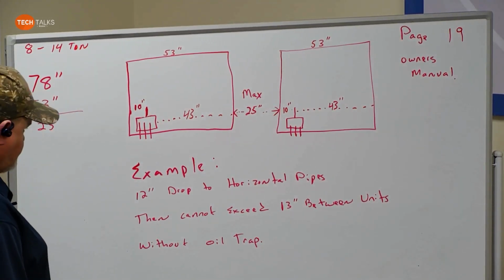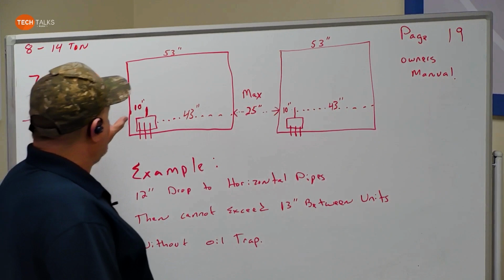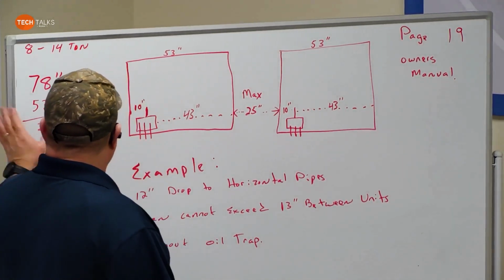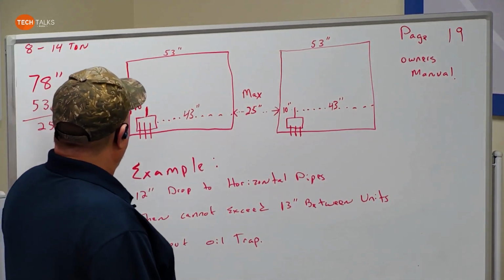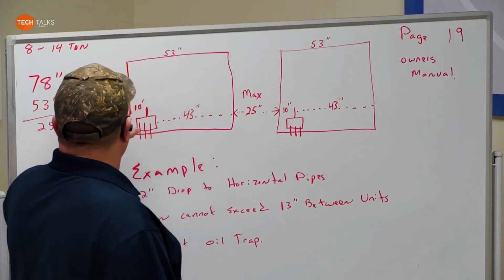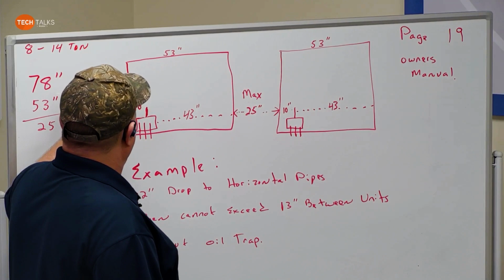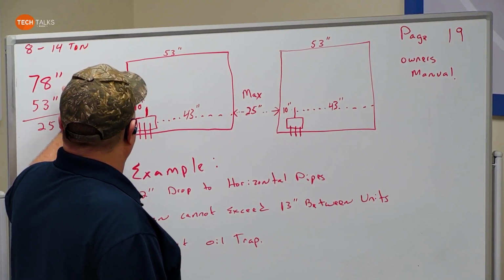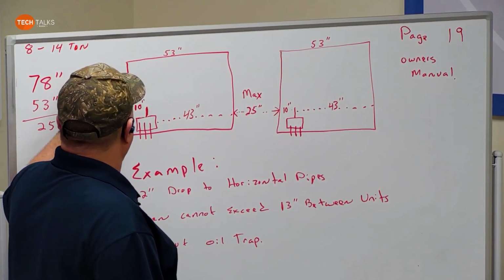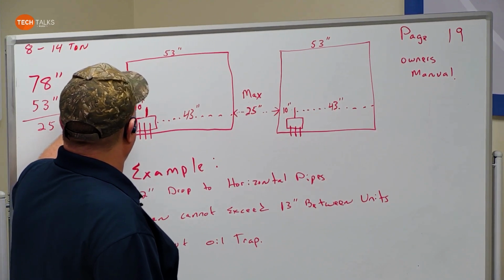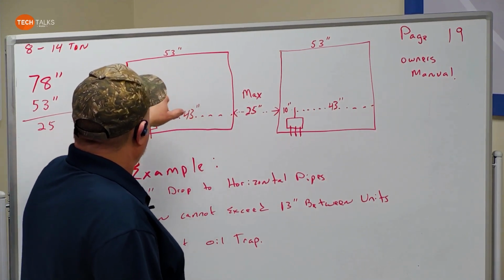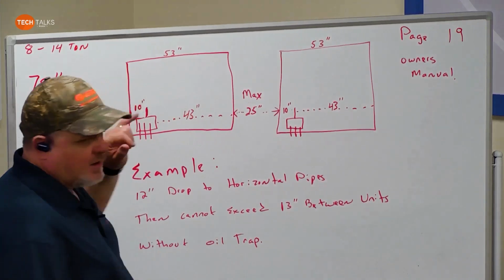So if we've got, how do we do this again? So it's 53. So what we're saying is the 78 inches that was doing, help me out here, Robert. What was we doing there? We were doing 53 inches. 6.5 foot max. That was the 78 inches. Thank you.